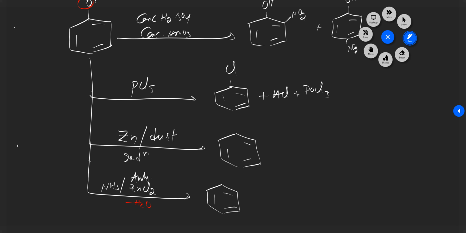From phenol, OH will come, and from ammonia, H comes. So with loss of water, the remaining NH2 from NH3 will be there. That is going to attack here. It forms aniline.